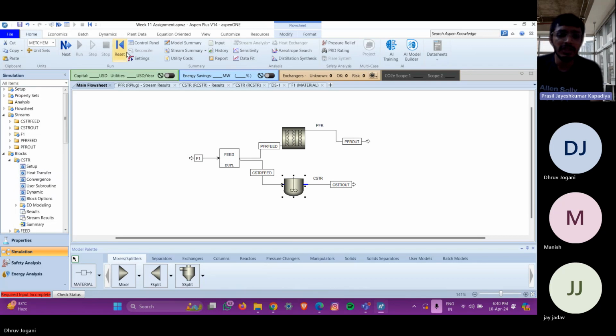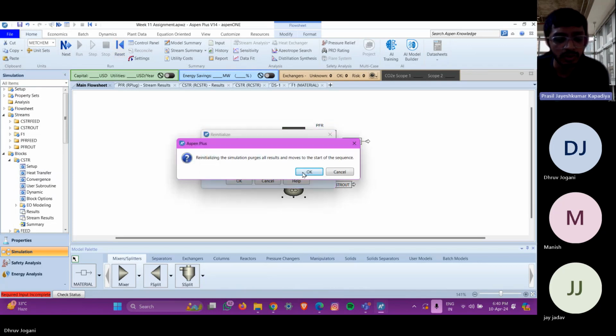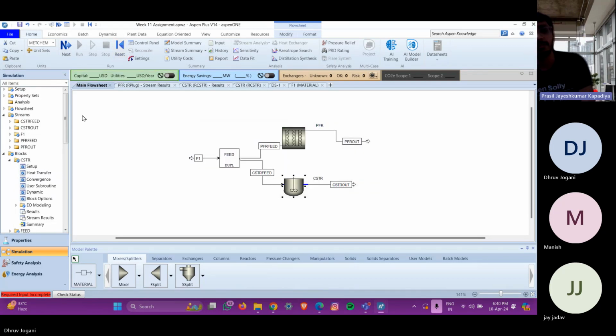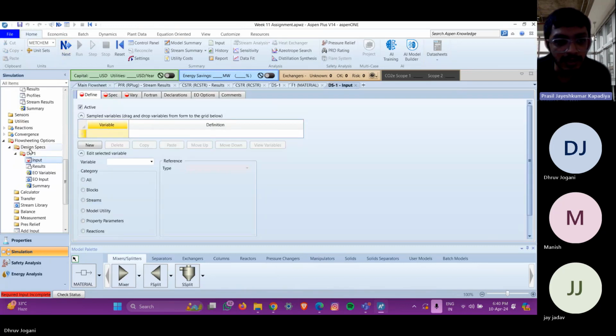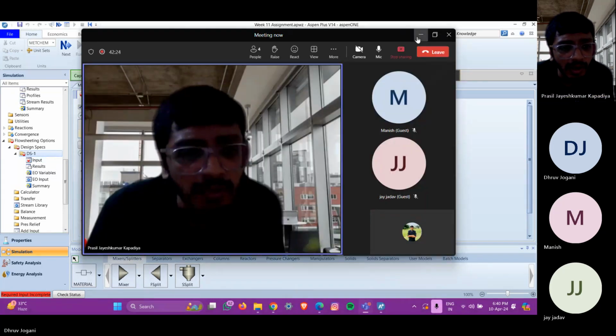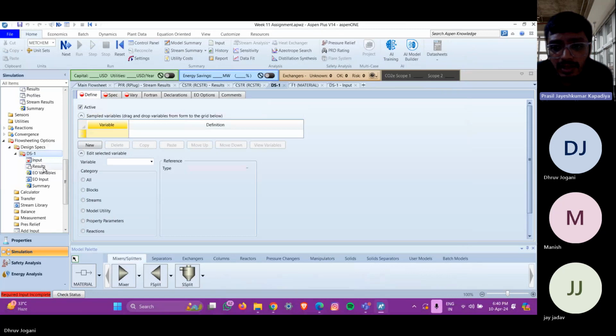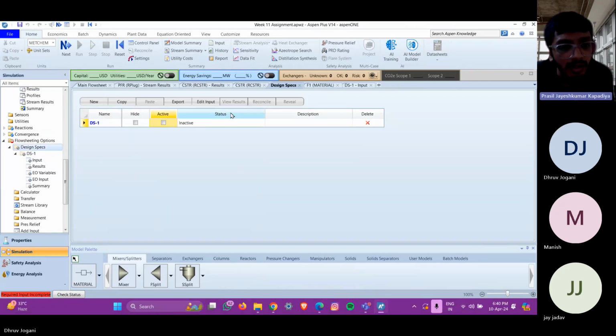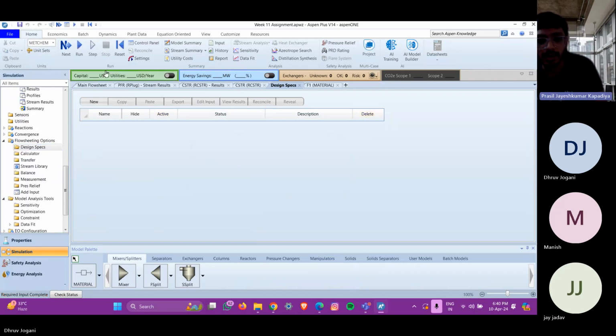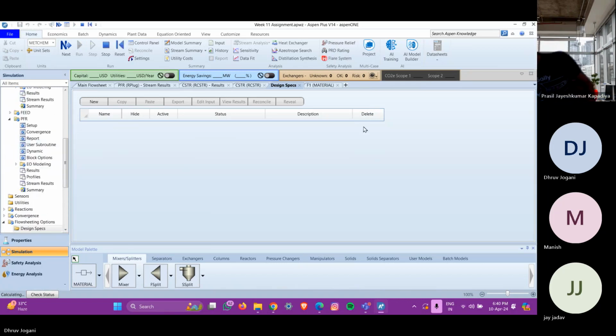See, conversion is 70%. So 1 minus C by CF is 0.7. Okay, how did you define conversion?